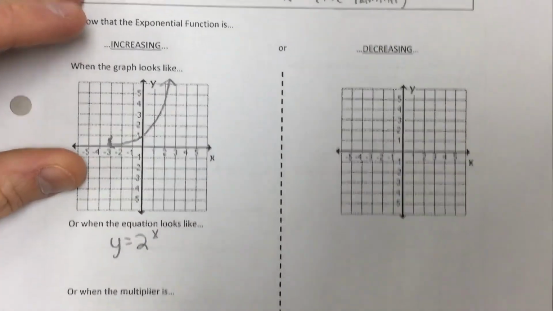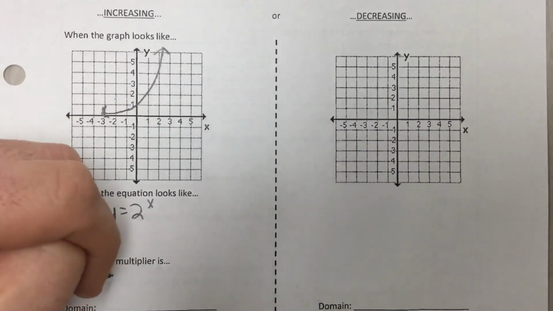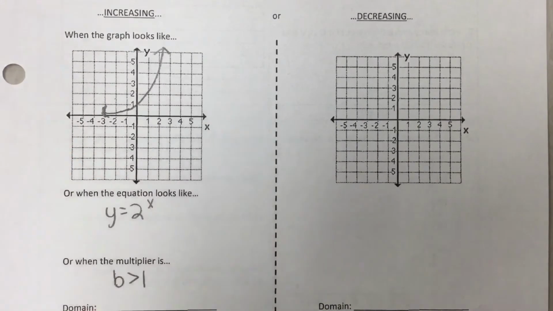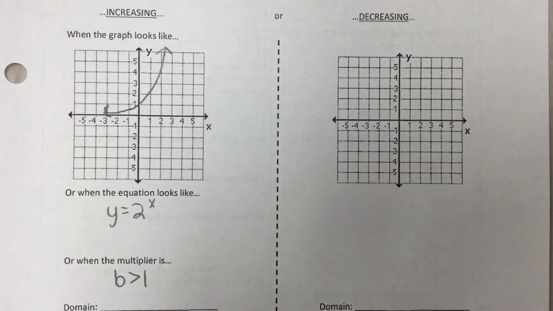Or in general, when the b is greater than 1. So anytime that multiplier is greater than 1, it's going to increase. 2, 3, 5, 10 multipliers would all increase. Multiplier 1.5 is greater than 1, still would increase. Multiplier 1.01, still greater than 1, it would increase.